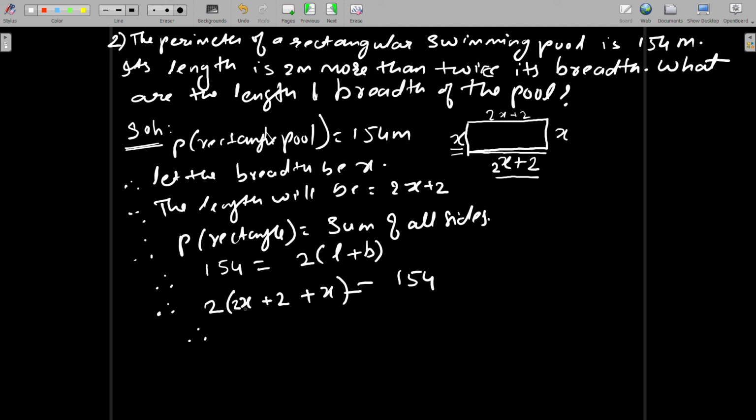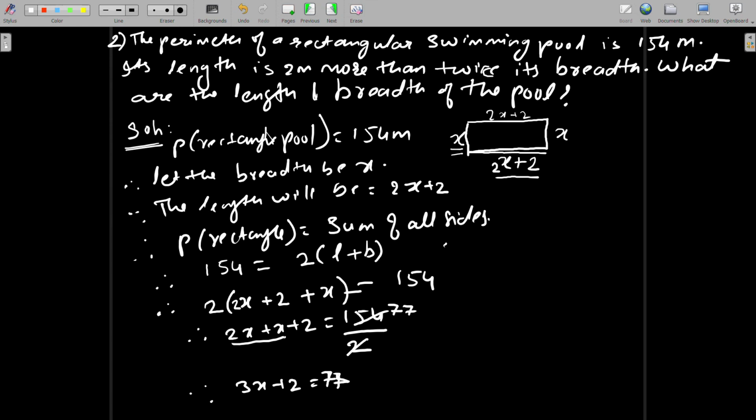Therefore, now we'll open up the brackets. This 2 is getting multiplied to the entire expression. Therefore, 2x plus x plus 2 is equal to 154 by 2. 2 sevens are 14, so 154 by 2 is 77. Therefore, 2x plus x is 3x, plus 2 is equal to 77, right?